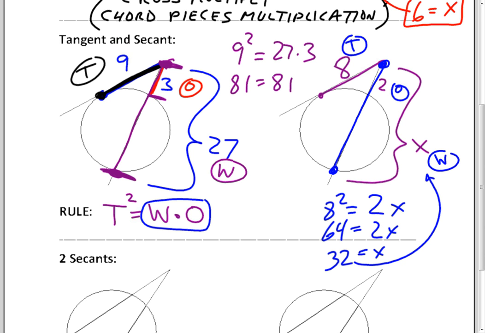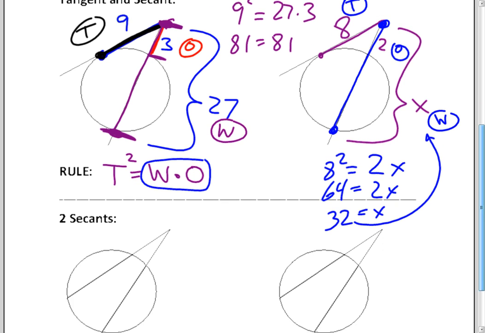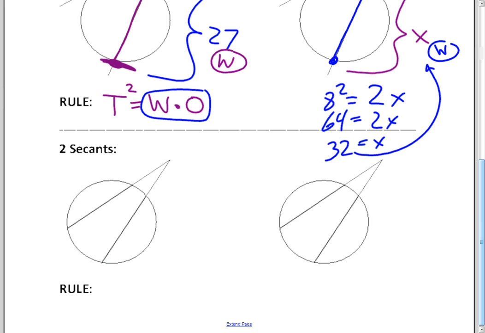Try to separate all of this from all of the angle and arc degree information that we've been looking at up until this point. That's the 2 rule. Two secants. Touches twice.